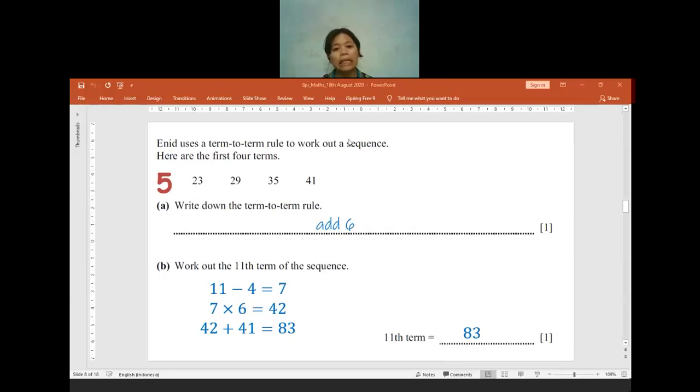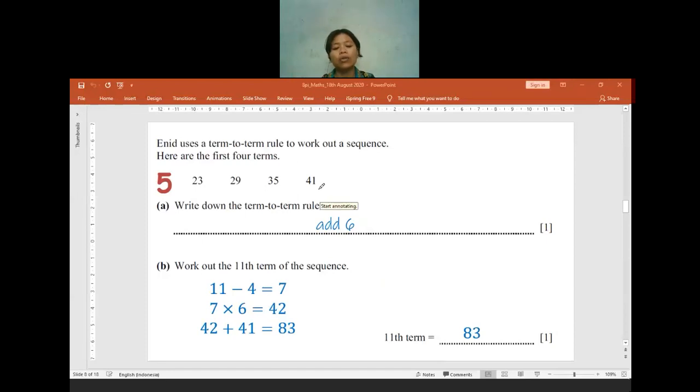You can make a list: I already have the 4th, I will find the 5th, the 6th, the 7th, until I get the 11th. It's also okay because the answer will be the same, 83. Or you can find the difference between the term you are going to find and the term given.